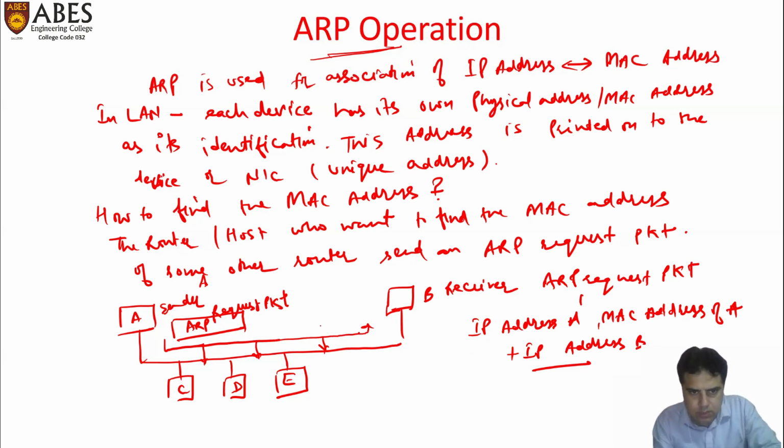So the sender broadcasts the ARP request packet to the network. All the connected hosts or routers will receive the ARP request packet.